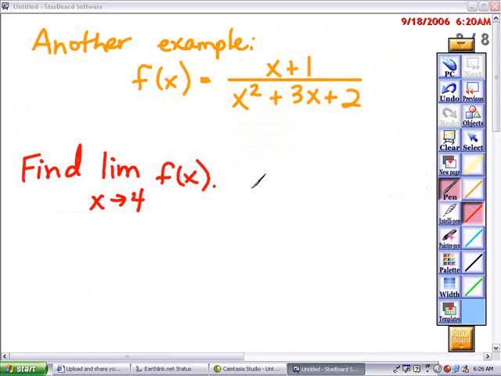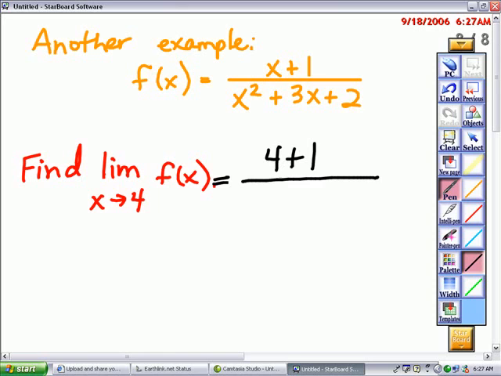Here's another example. This function is a rational function, and we're asked to find the limit as x approaches 4. And again, we can go ahead and just use direct substitution, even though it's a rational function, because when I plug in 4 for x, then I actually get an answer.